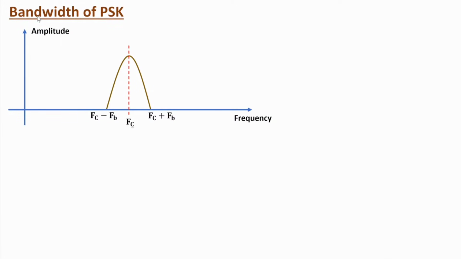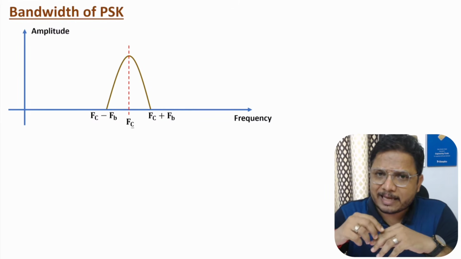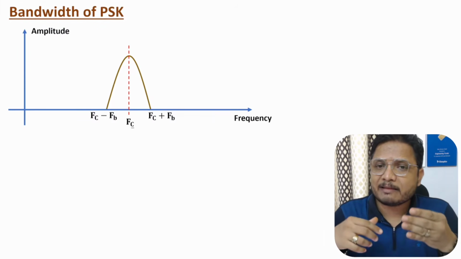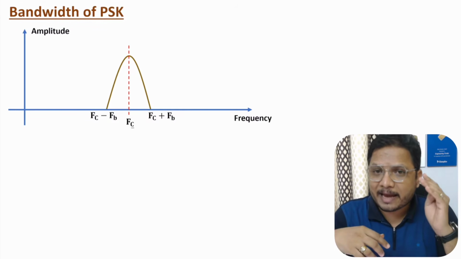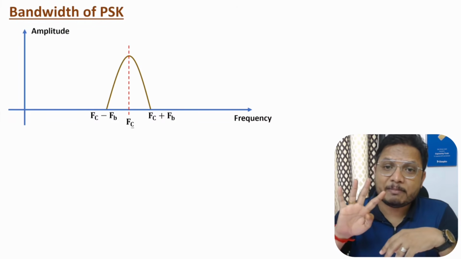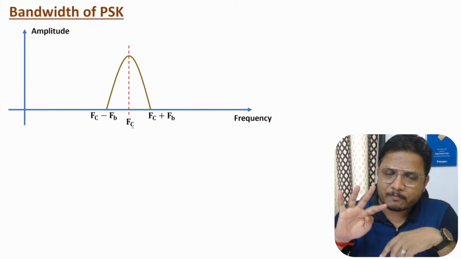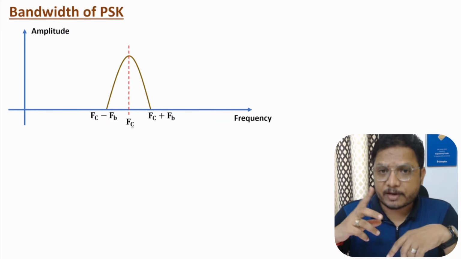Now let me discuss the bandwidth of PSK. See, binary PSK signal or any other form of PSK, like there can be QPSK, there can be 8PSK. So with QPSK, we will have 4 symbols. With each symbol, there will be a different phase.